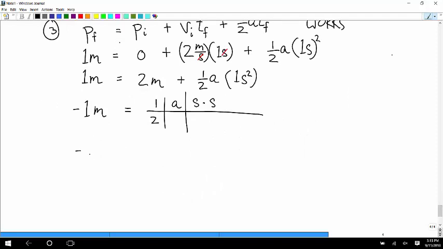So now we have -2 meters is equal to a seconds squared. And then I'll divide both sides by seconds squared, and we get -2 meters per second squared is equal to a.